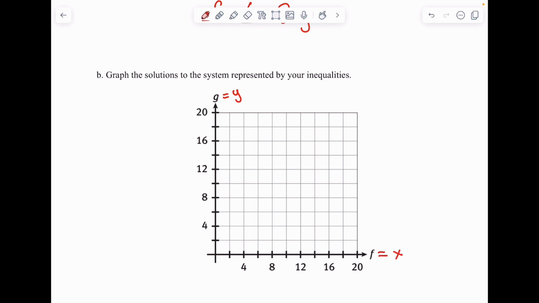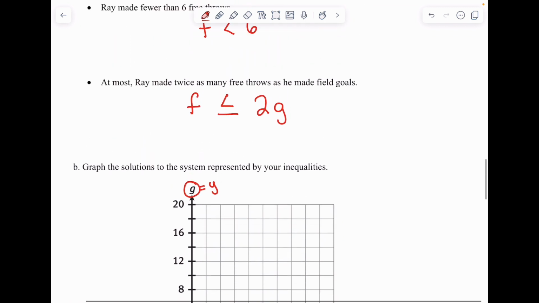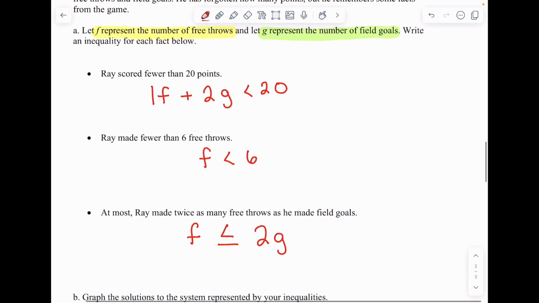This means we are going to treat free throws, F, as our x variable, and our field goals, G, as our y variable. So we have to solve each of our inequalities in terms of G, just like we normally solve our inequalities in terms of y.